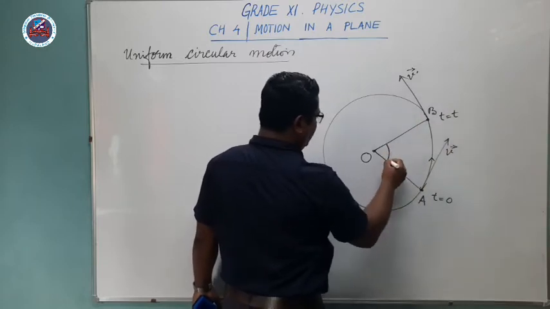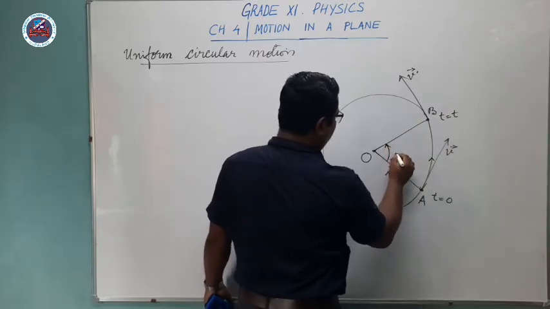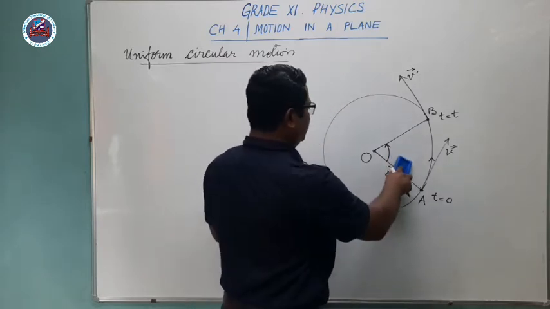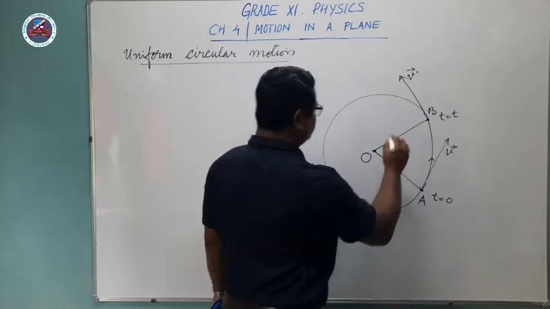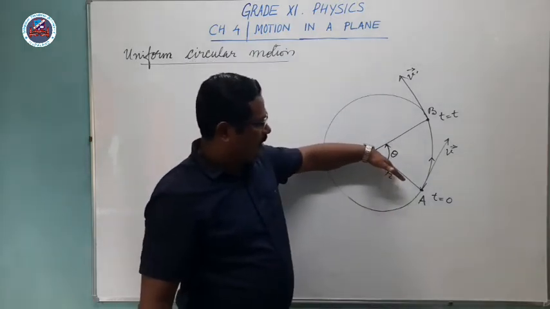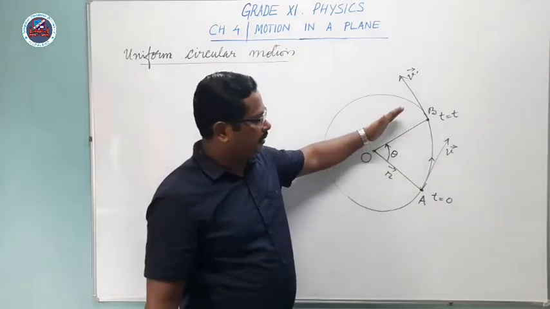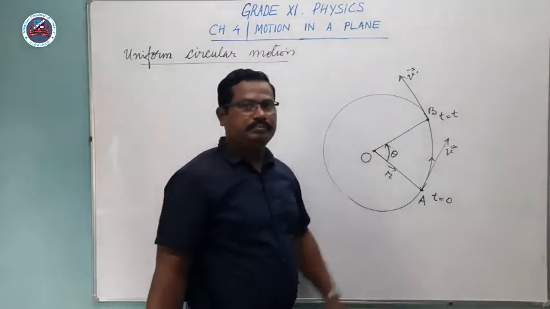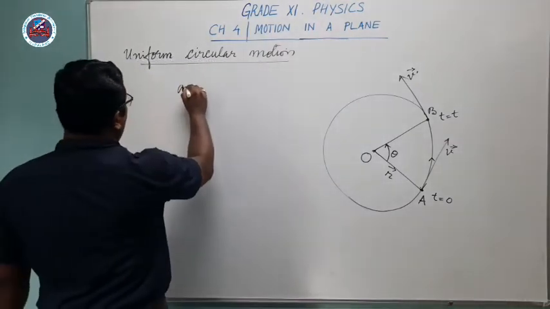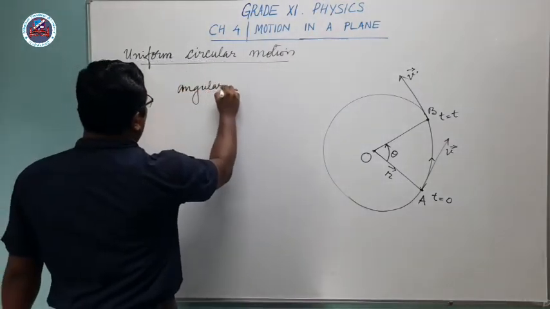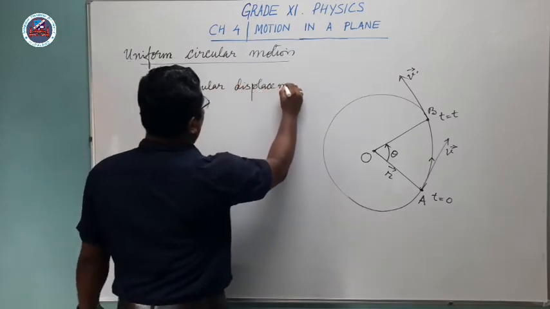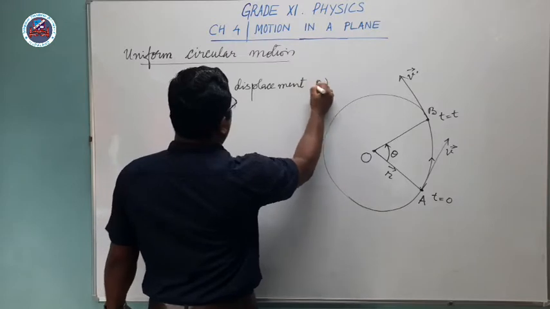And the angle described here, we can take it as d theta in terms of a small angle, or simply you can take it as theta as well. This angle that is described while traveling from A to B, we call angular displacement, and we write it as theta.